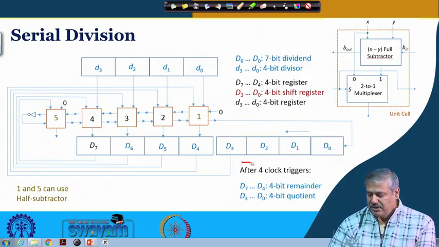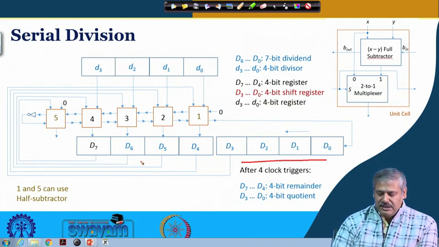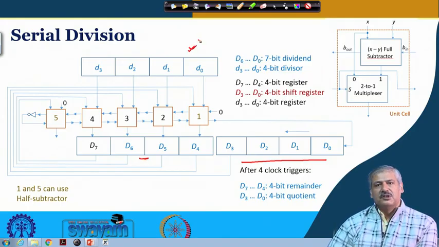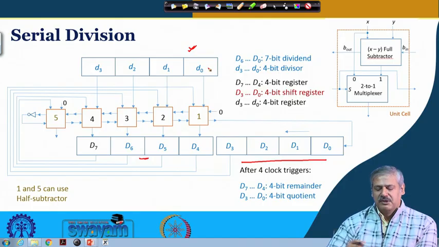So D0 to D3 is a 4-bit shift register, and this one is a parallel in parallel out register, and this is just a latch or a parallel out register which could be serially in, parallel in, depending on the requirement. Once it is loaded, the output is always being used. Is it fine?